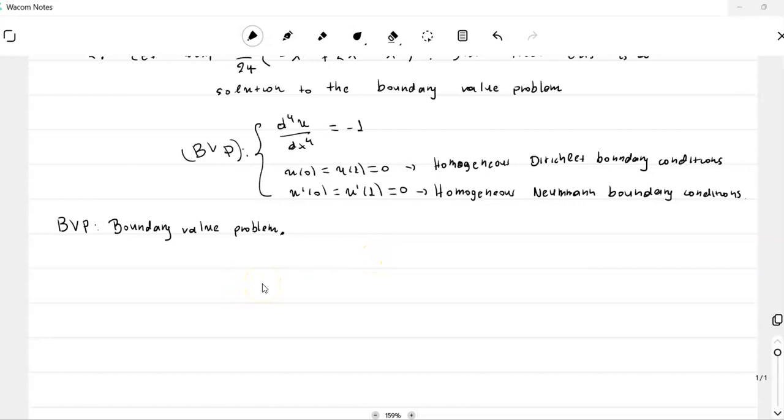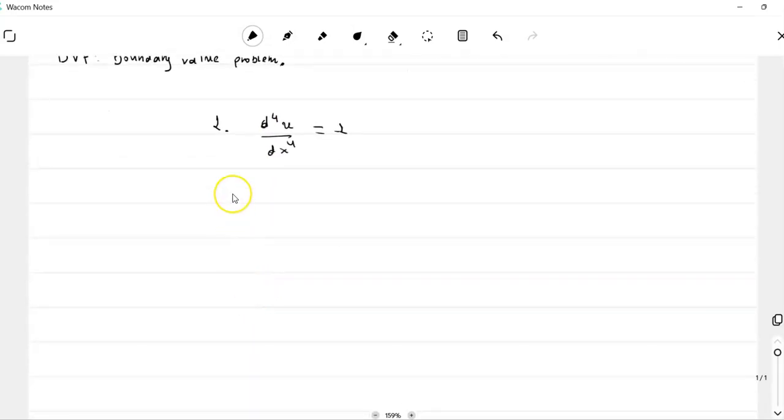So let's start to solve the first question. We have that the fourth derivative of u with respect to x is minus 1. This can be written as u fourth derivative, right? When I use parentheses, 4 means derivative, not power of the function.